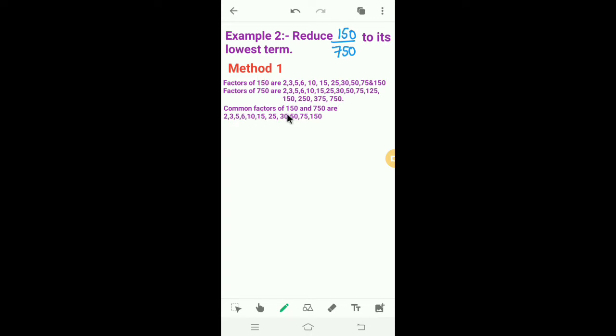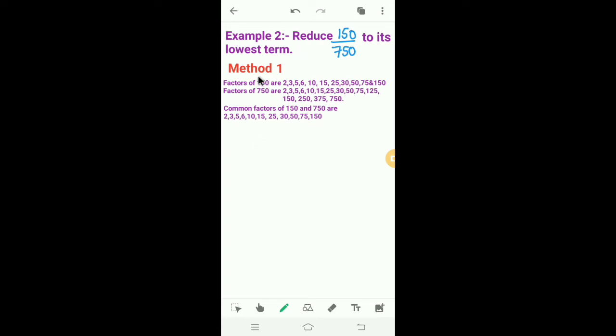Next, common factors of 150 and 750 are 2, 3, 5, 6, 10, 15, 25, 30, 50, 75 and 150.